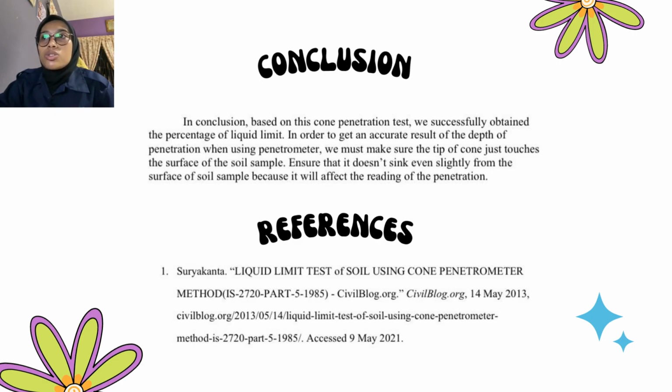Ensure that it doesn't sink even slightly from the surface of the soil sample because it will affect the reading of the penetration. That's all from me and my team. Thank you.